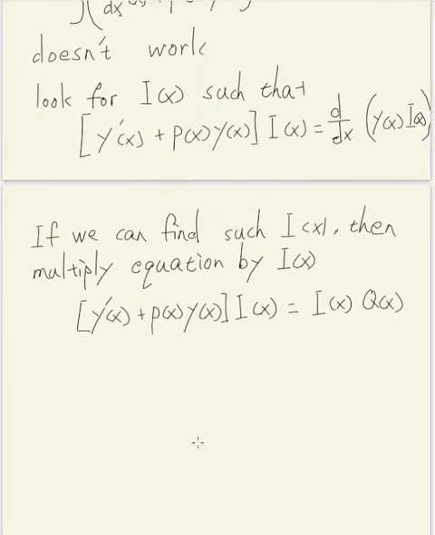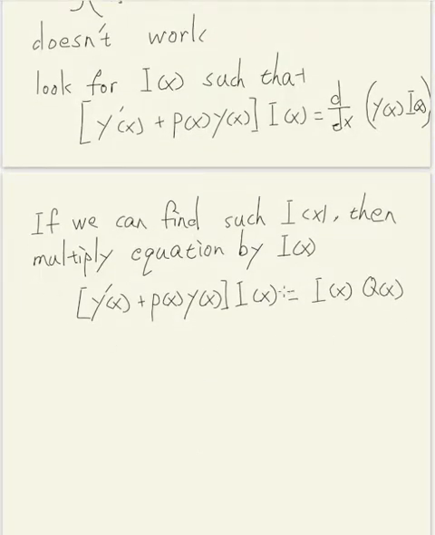So this is nothing complicated. We're just multiplying the equation by the same thing on both sides. Now suppose we can find such an I, then the left-hand side immediately becomes d dx of y of x times I of x.